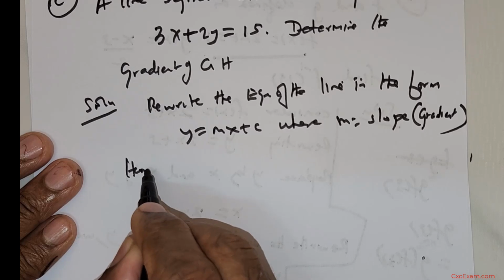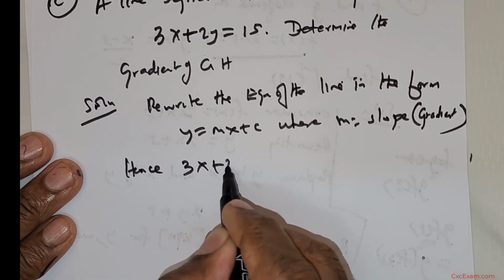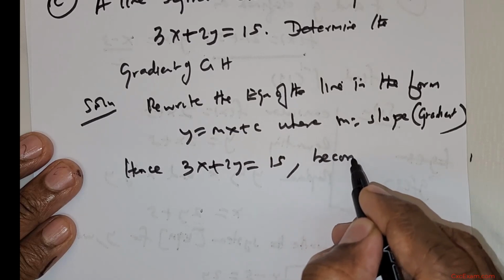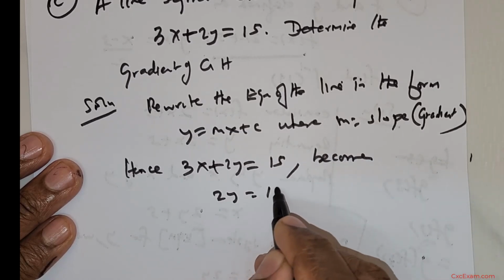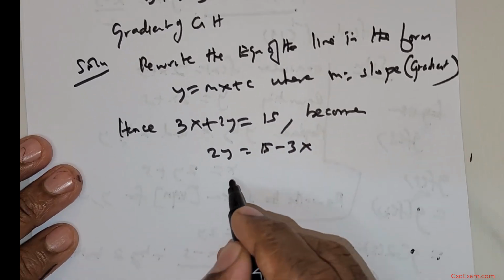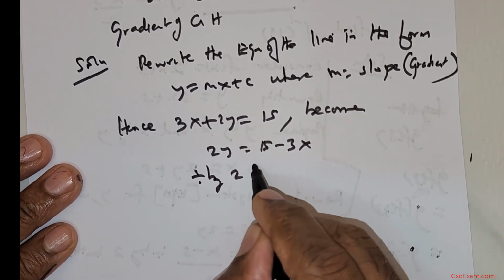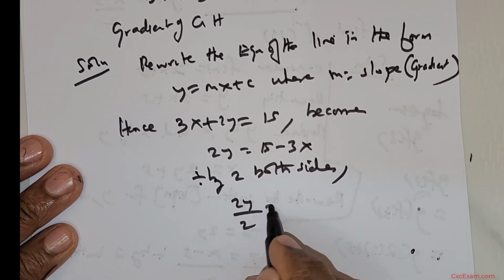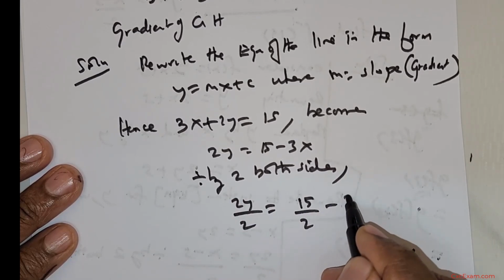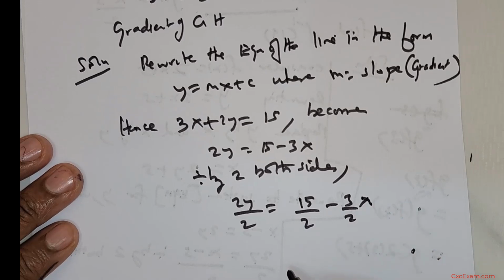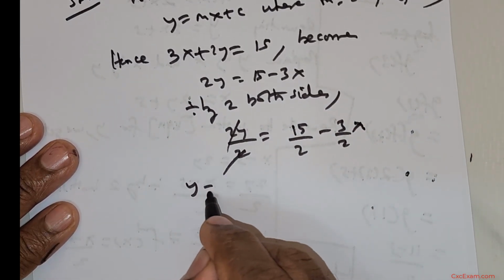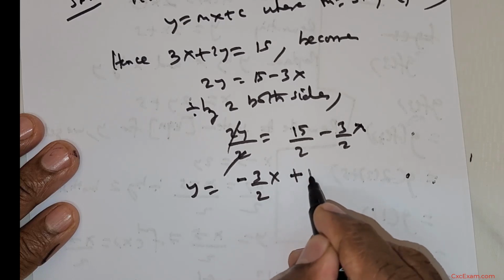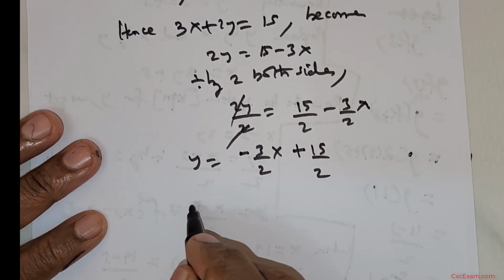So hence 3x plus 2y is equal to 15 becomes 2y is equal to 15 minus 3x. You divide by 2 both sides. What do you get? 2y divided by 2 is equal to 15 divided by 2 minus 3 divided by 2 times x. 2 gets cancelled, so y is equal to negative 3 over 2 times x, plus 15 over 2.